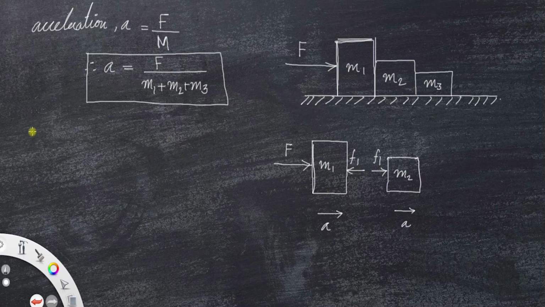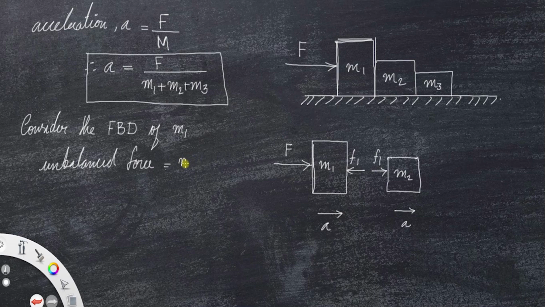Now consider the free body diagram of mass M1. By Newton's law, unbalanced force is equal to mass into acceleration.